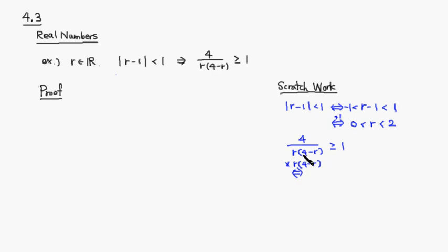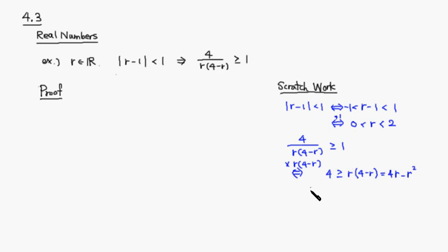When you multiply both sides of an inequality by a positive value, we do not have to change the direction of the inequality. So you simply get 4 is greater than or equal to r times 4 minus r, which is the same thing as 4r minus r squared.